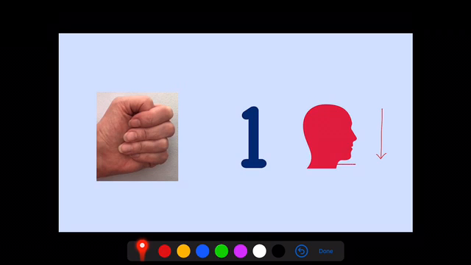When we count syllables, we can clap, we can tap with just our fingers, or we can put our hand just underneath our chin. That's what the line is for. We say a word and we count how many times our chin goes down and taps our hand. We're counting chin taps.